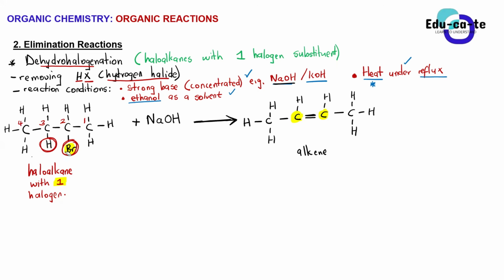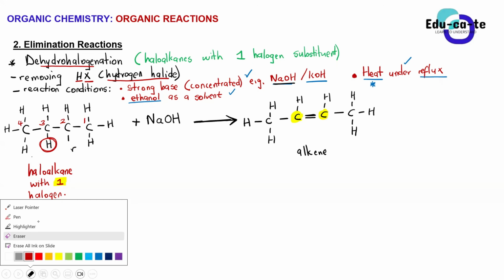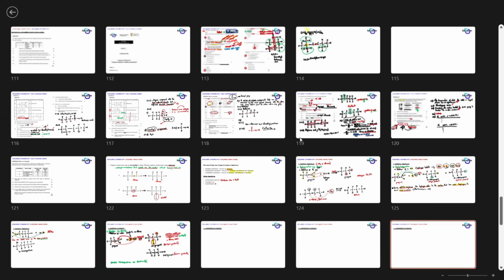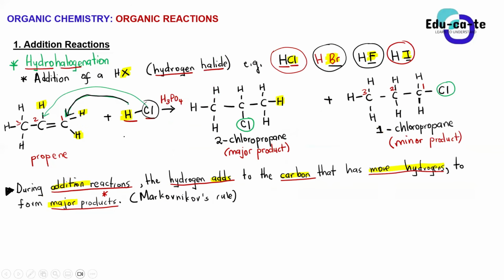So basically, you guys still remember Markovnikov's rule, right? When it comes to addition reactions, since we did Markovnikov's rule last time, what did we say about it? We said that during addition reactions, the hydrogen always adds to the carbon that has more hydrogens.